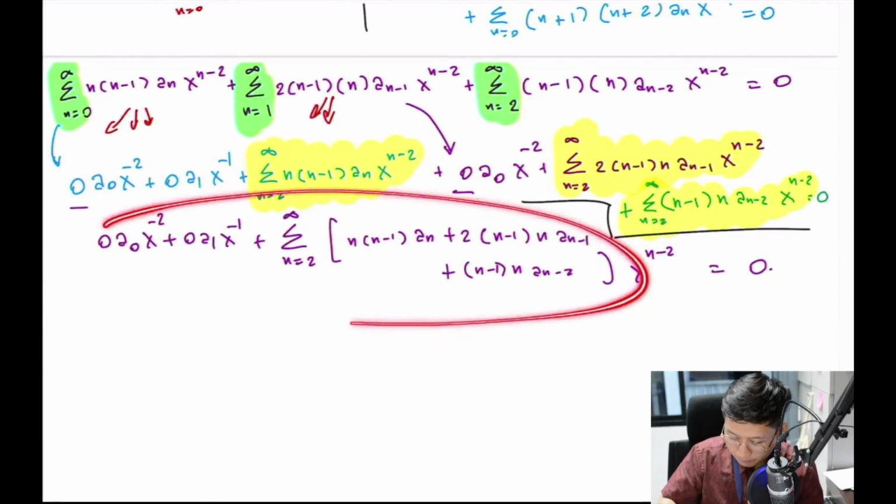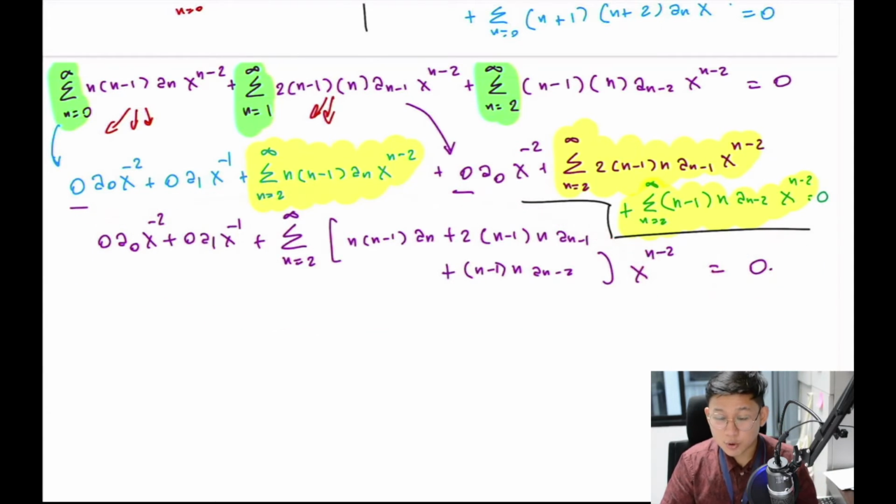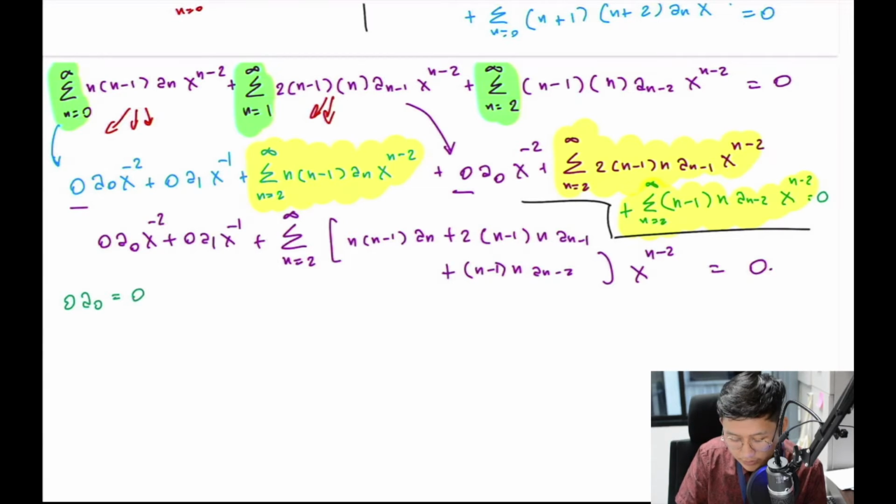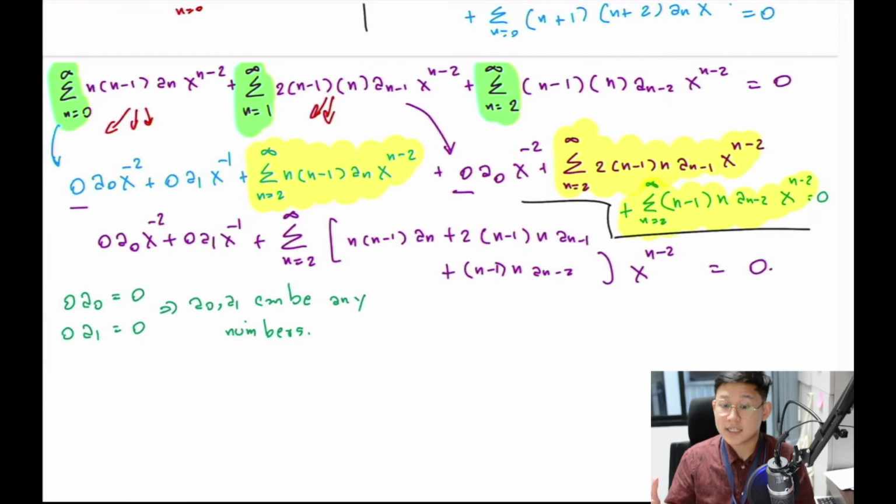And then we use the property that all the coefficients are 0, right? If the sum is 0, it means that all the coefficients of x are 0. So the first guy we have is 0 a 0 is 0 and 0 a 1 is 0. This means a 0 and a 1 can be any numbers, any constants. Good.